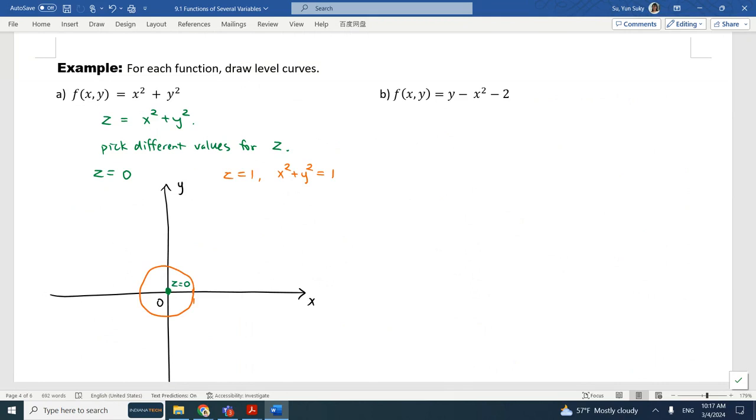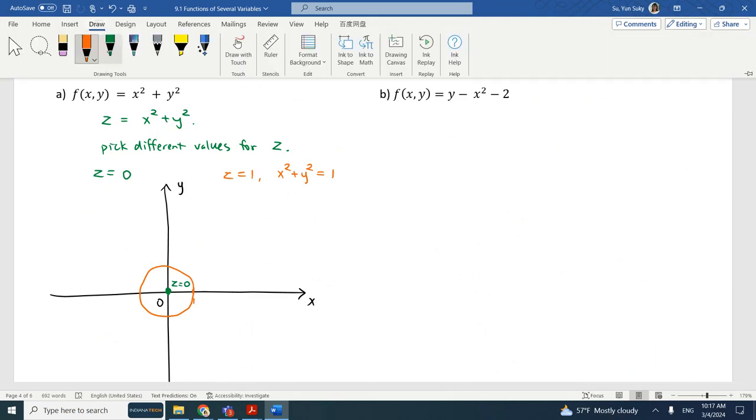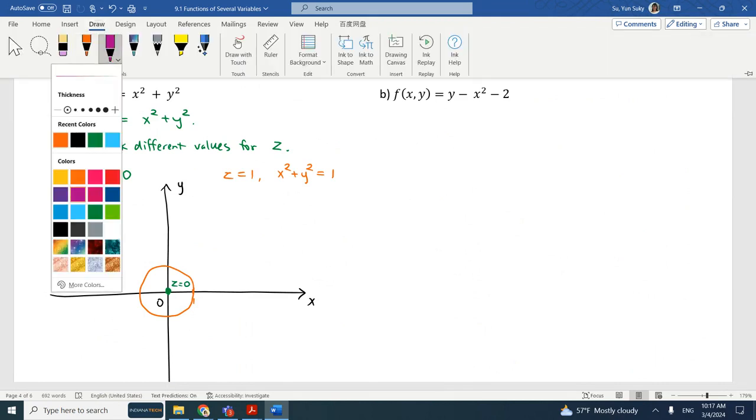Yeah, everybody, we get a unit circle. So we want to pick different values for z, but we want to pick good numbers. Okay, so we pick 1, and we get a unit circle. Can we pick 2? No, we pick 4. Exactly. Good. We pick 4.